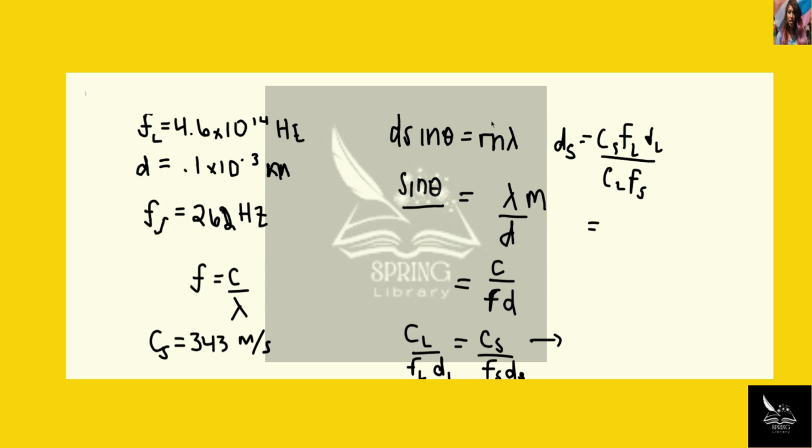Great. And then the speed of light is 3 times 10 to the 8. How many sig figs do I need? Just 2. Okay. I'm going to pause while I put all these numbers into my calculator. Okay, with that, I get 200 meters.